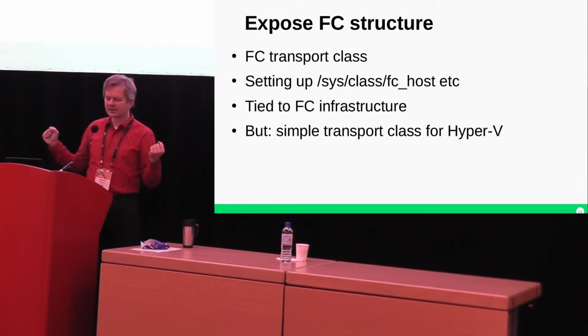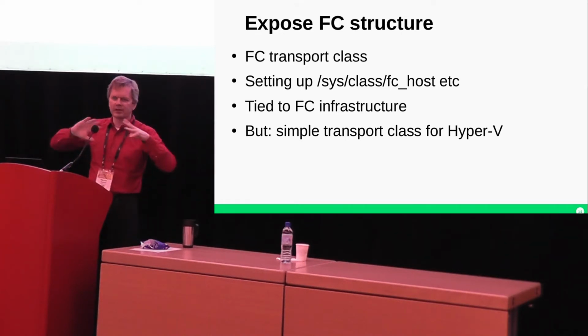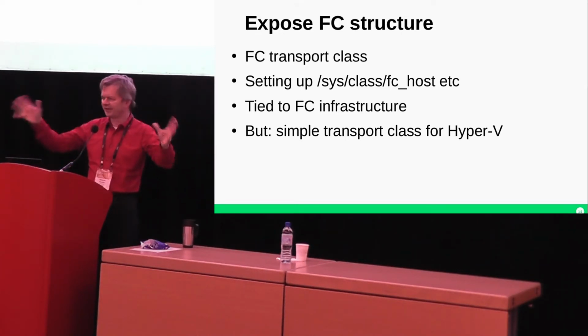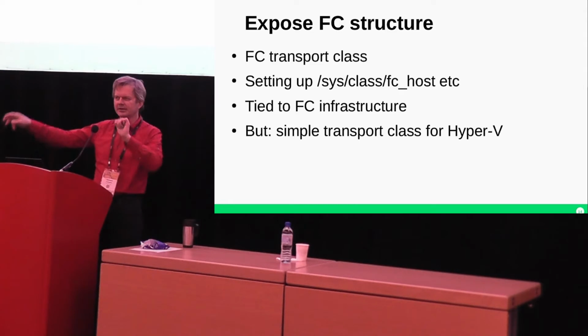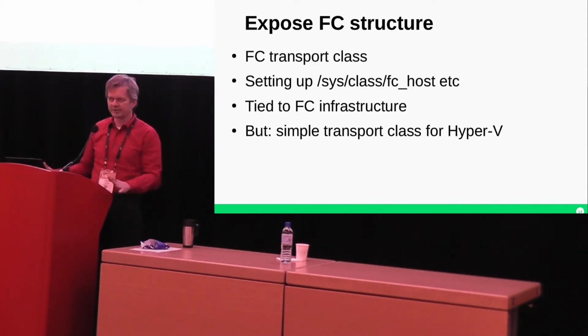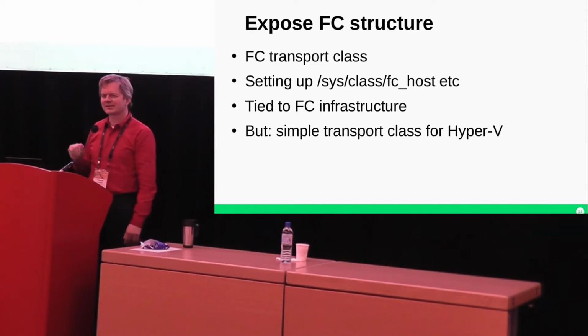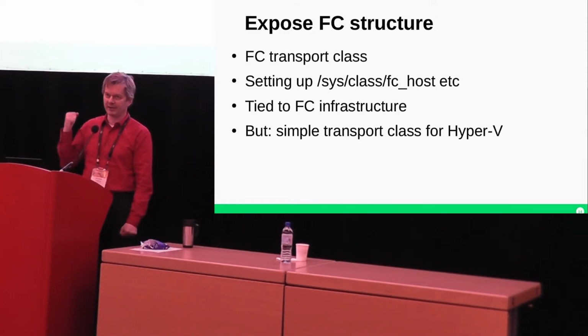And typically, you would need the full-blown stack with the Fibre-channel handling, port handling, blocking, scanning, whatnot. But Hyper-V had a similar problem: they don't really have an actual Fibre-channel, but still want to make it look like a Fibre-channel.